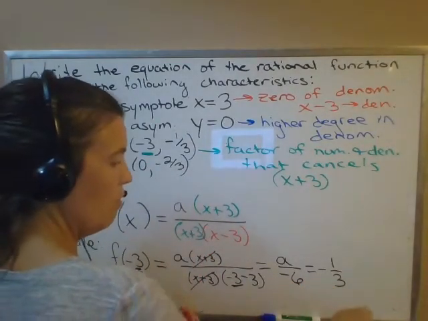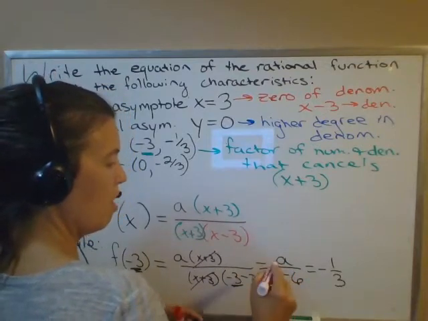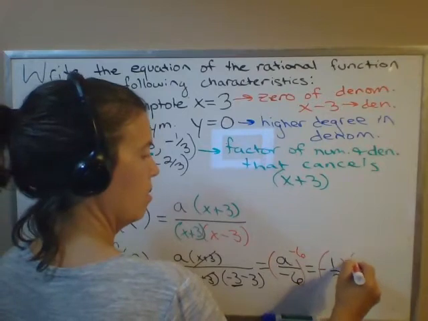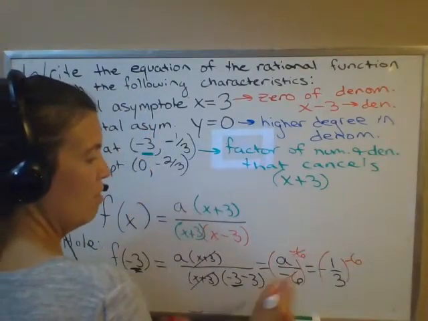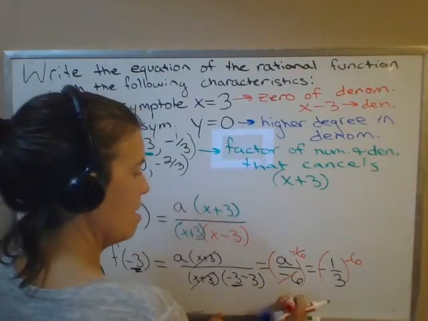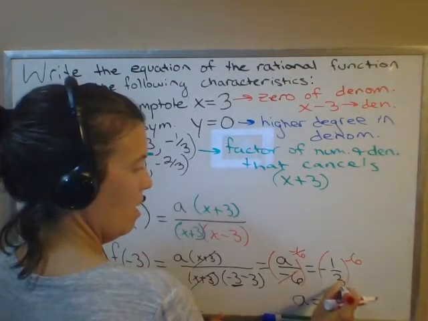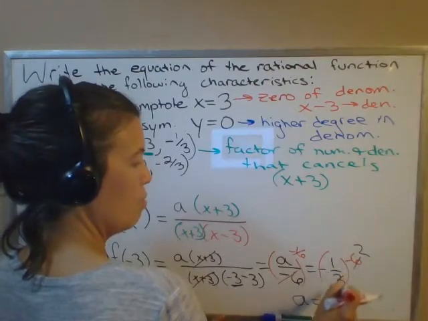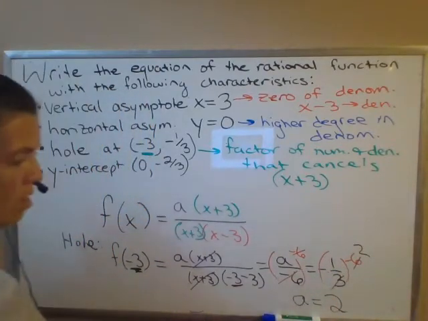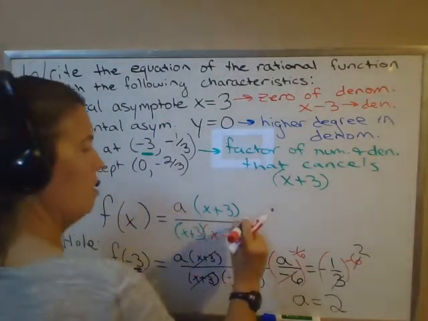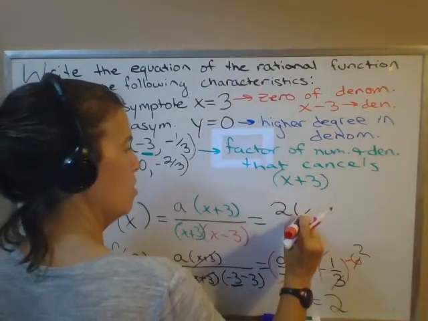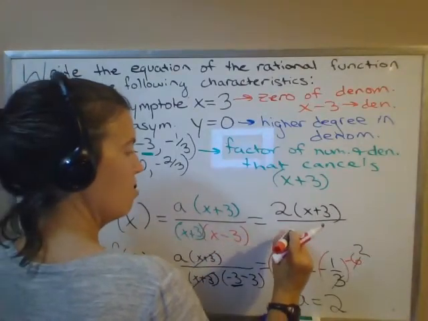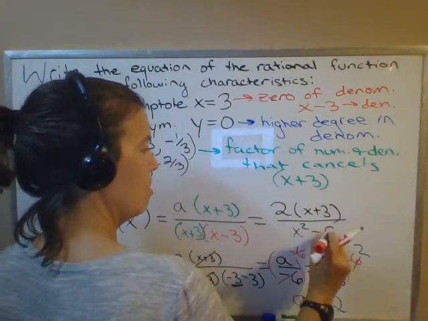To solve this equation, I would multiply both sides by -6. That'll clear the denominators. So that'll cancel the negative 6 here, so we have just a. And so 6 divided by 3, that's 2. Negative 1 times negative 2, that's positive 2. So the a right here is positive 2 times x plus 3 over x plus 3 times x minus 3. I'll write that as x squared minus 9.